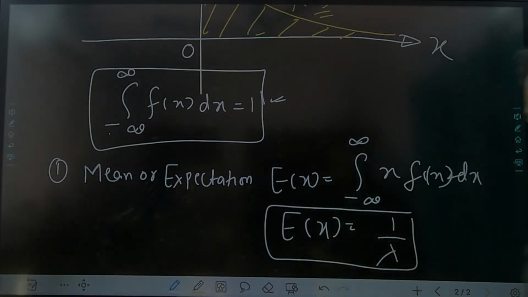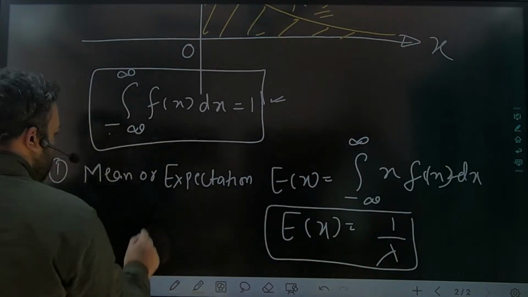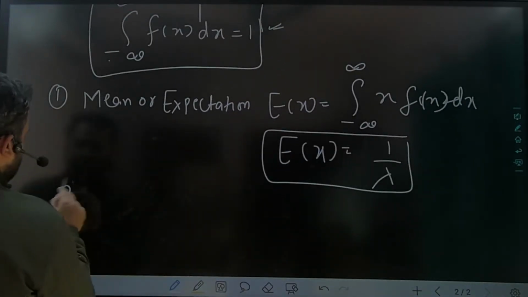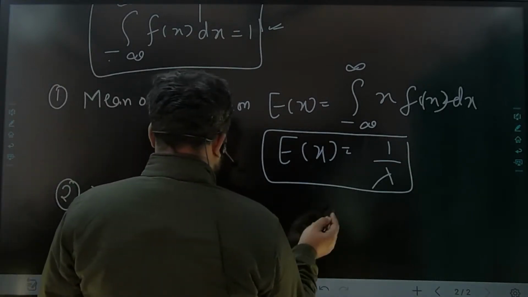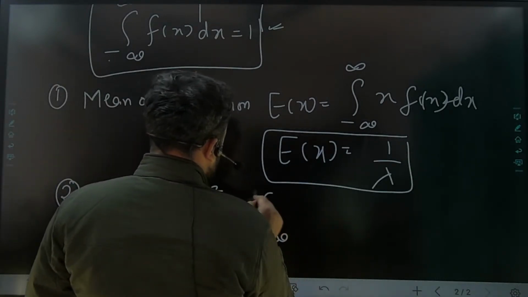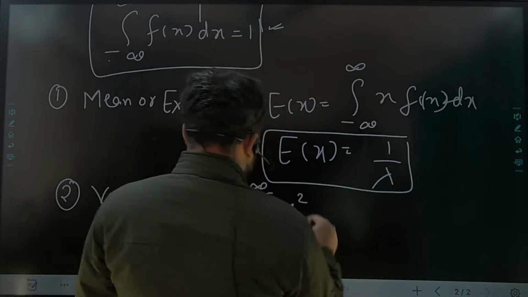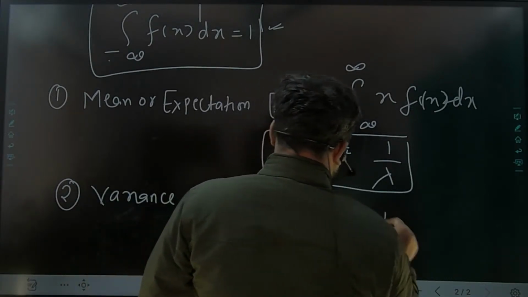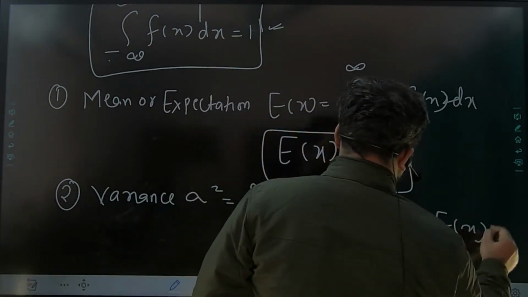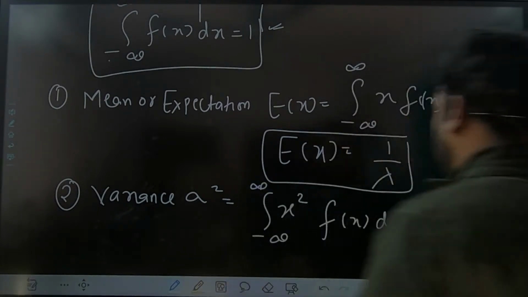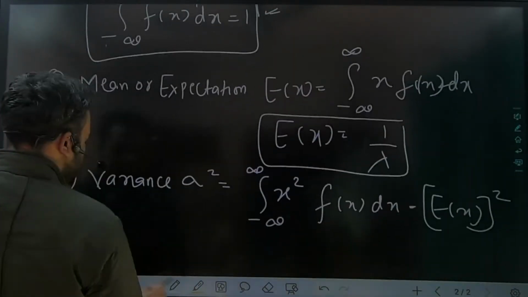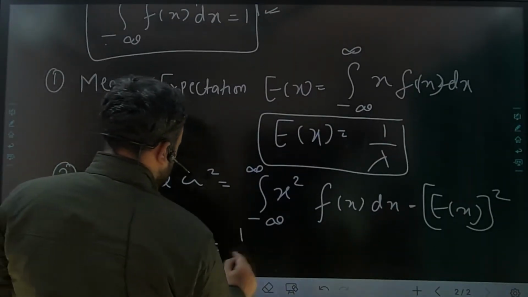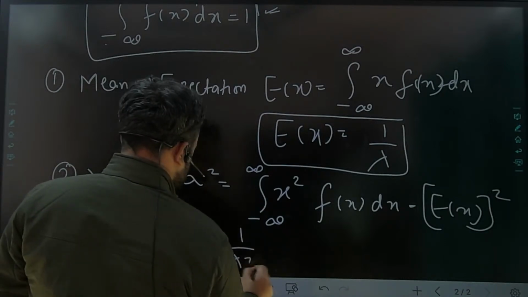Similarly, the variance, that's sigma square. The general formula for variance is the integral from minus infinity to plus infinity of x minus expectation, whole squared, times f of x dx. Again, you put the same function and integrate, but just remember the final result. It's very simple to remember also: it is 1 upon lambda square.